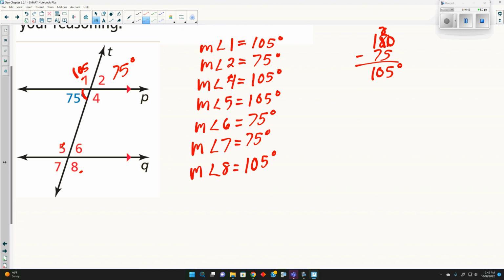Like 1, because of vertical angles. Yes.